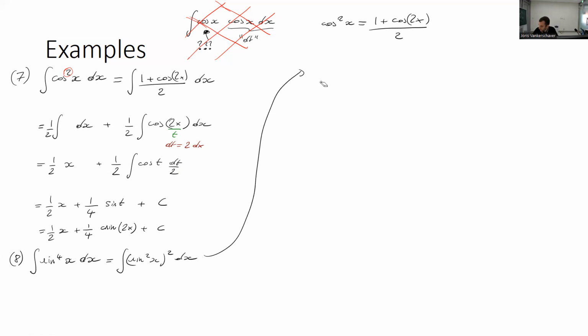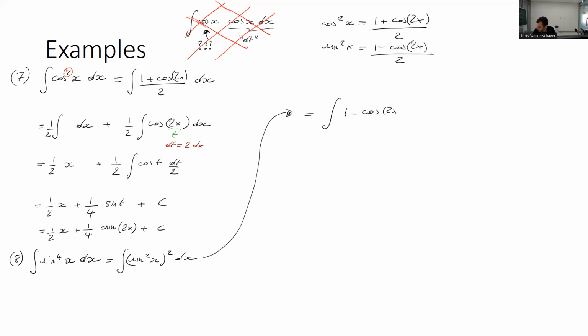And okay, now let's continue this part over here. What is that equal to? Well, for this integral, we can use the fact that sine squared is (1 minus cosine 2x) divided by 2. So you can write this integral as (1 minus cosine 2x) divided by 2, squared, dx.